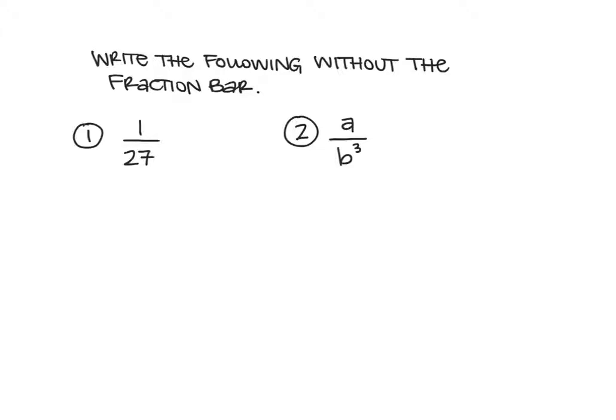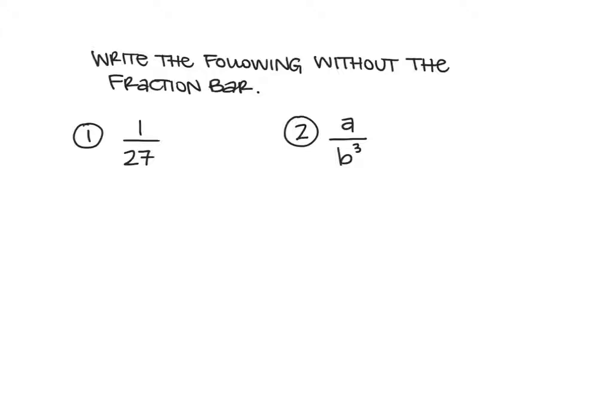And so essentially they're asking you to do the opposite. Whereas before we had an answer and we had to write it with only positive exponents, and so that required us moving some things to the denominator. This wants you to sort of think about it in the reverse way. So how could you write this without the fraction bar, but it would be okay here to have negative exponents.